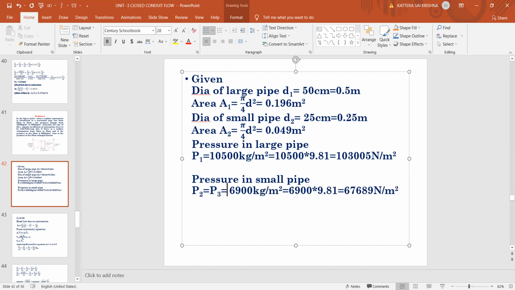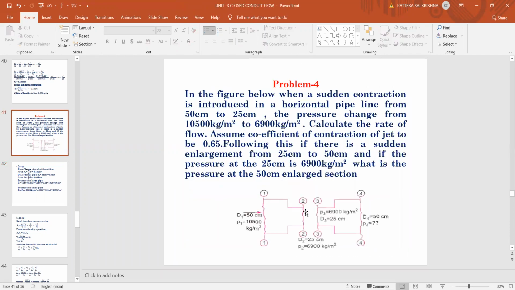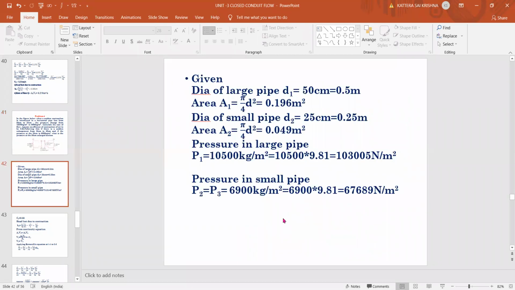Since in the diagram you can see in the smaller pipe the pressure is constant, so between the two sections P2 and P3 are the same here. Similarly, the velocities V2 and V3 will also be the same. So up to here you can copy the given data.